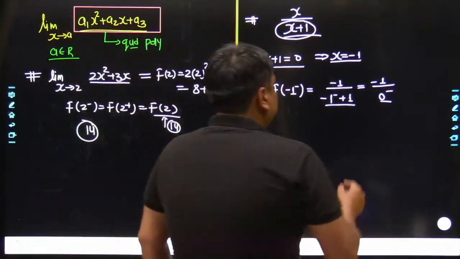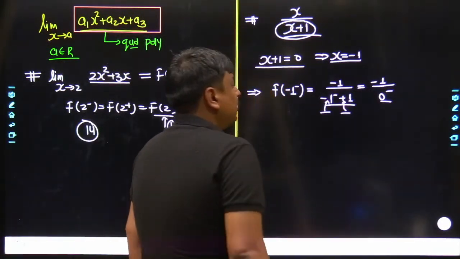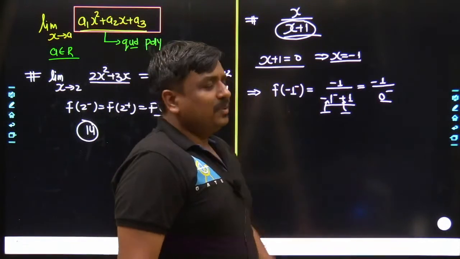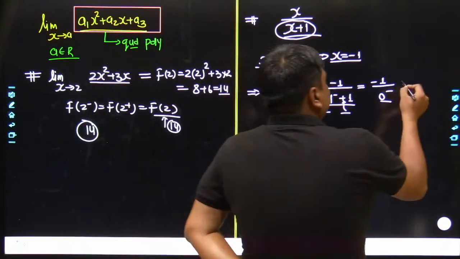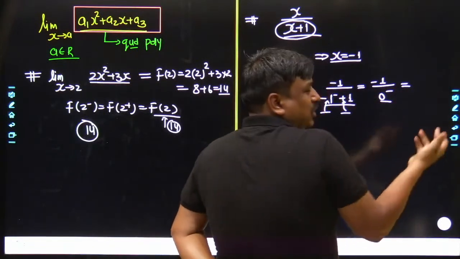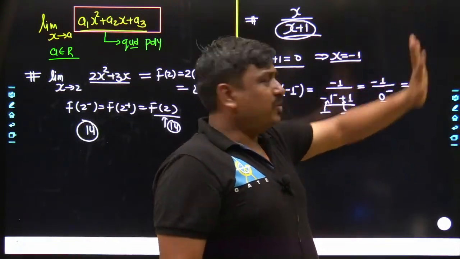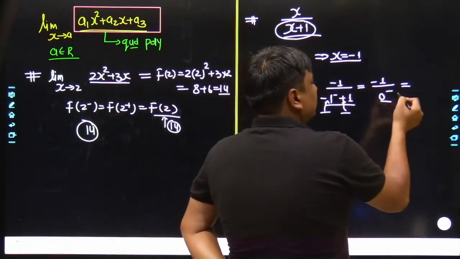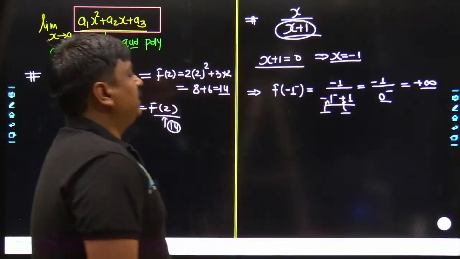That is decided by the value greater in magnitude, and obviously this value is greater, so it becomes 0 minus. That means you can assume minus of 0.0000001. The minus and minus signs cancel, and the result is plus infinity.